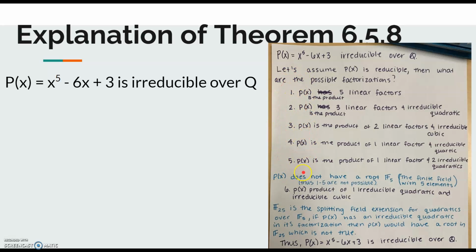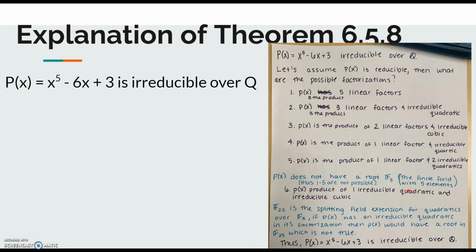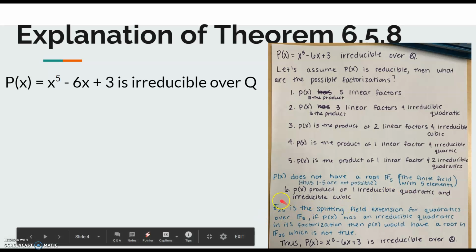Okay, so that leaves us with one other option, assuming that p of x is reducible: p of x is the product of an irreducible quadratic and an irreducible cubic. If that was the case, then it would be reducible. But we know that the finite field with 25 elements is the splitting field extension for quadratics over our finite field with 5 elements.